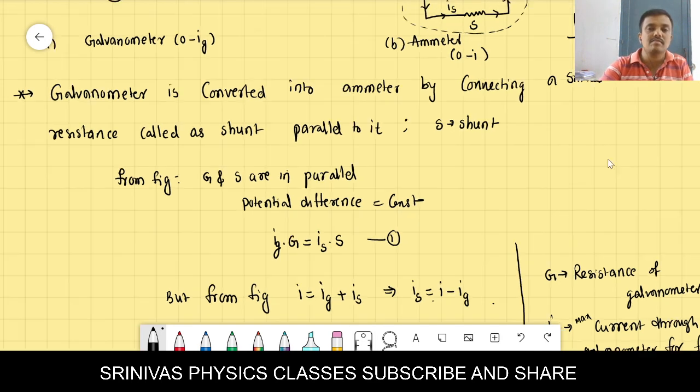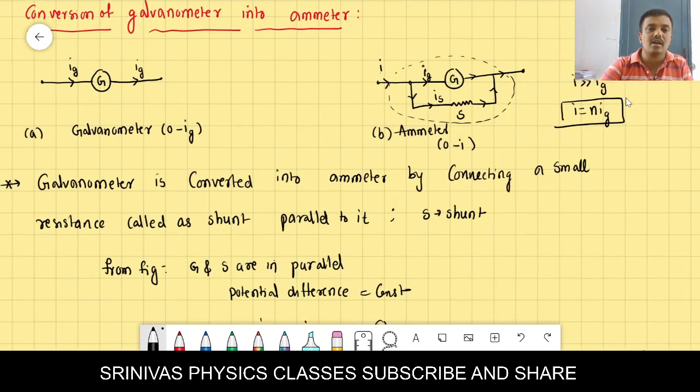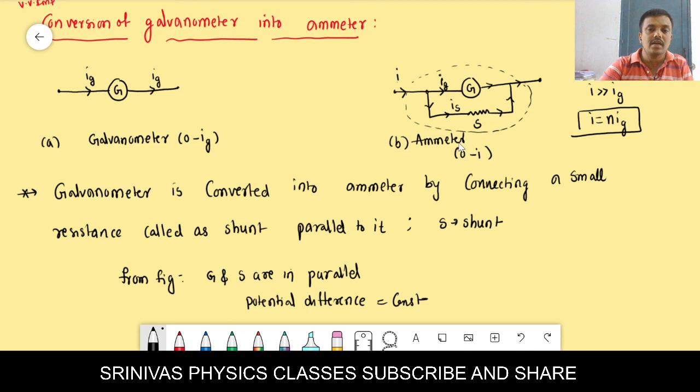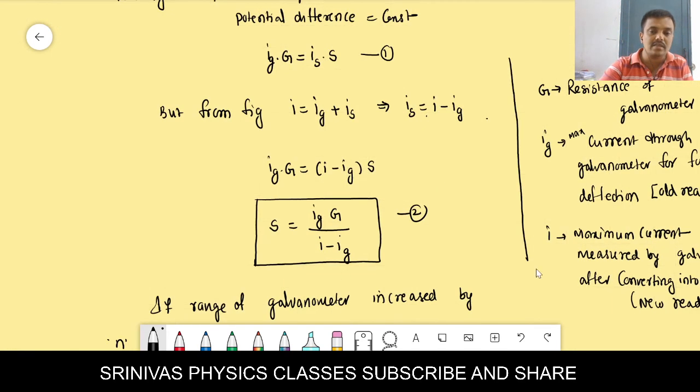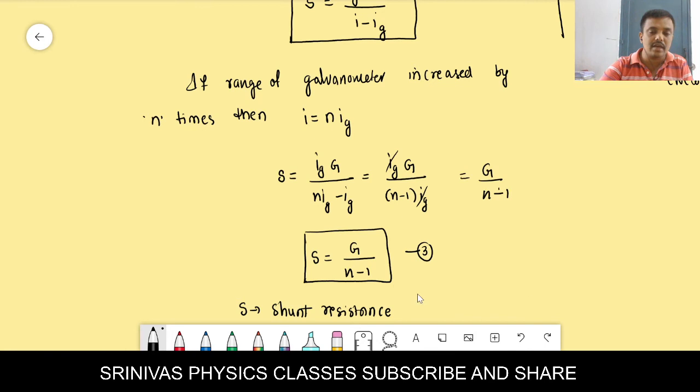That means by simply connecting a small resistance called a shunt in parallel to the galvanometer, it is converted into an ammeter. And what is the formula for the small resistance? The formula we derived: S is equal to IgG by I minus Ig, or S is equal to G by N minus 1.